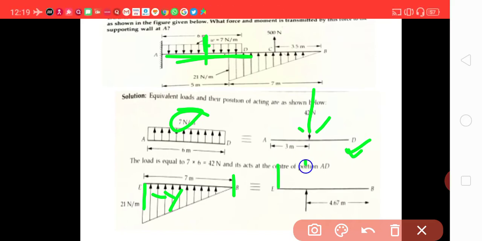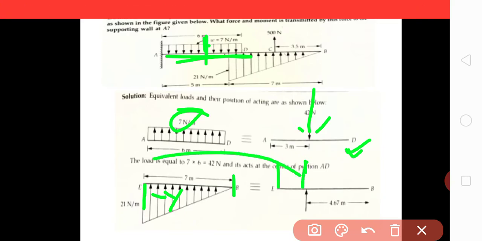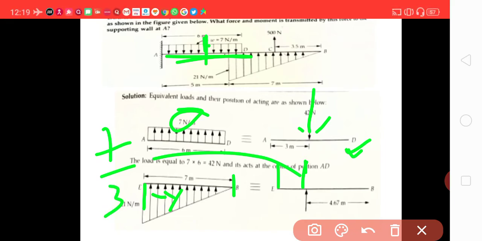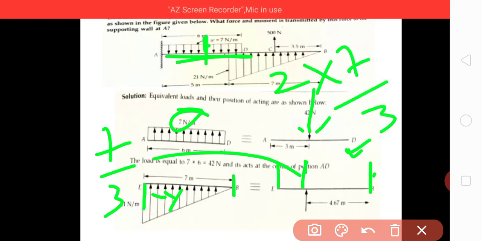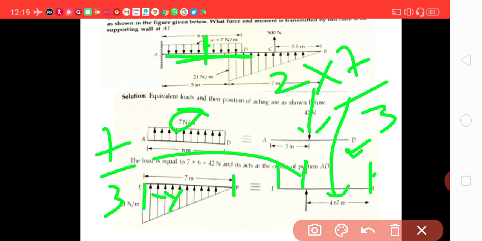This distance is 7 by 3, or this distance will be 2 into 7 by 3, which comes out to be 4.67, or 2.33 here.